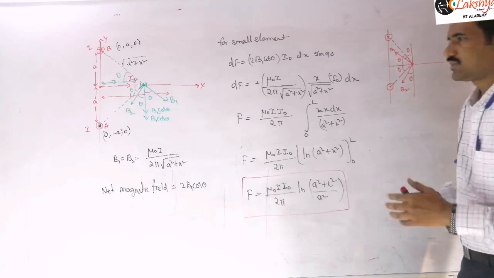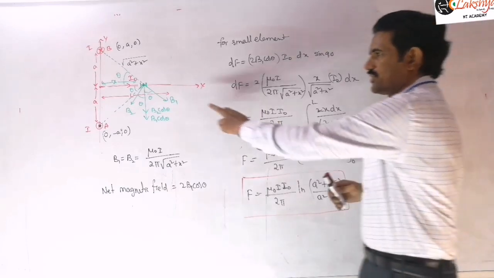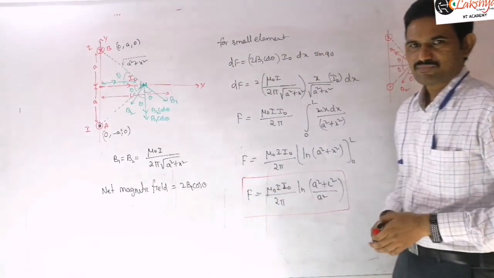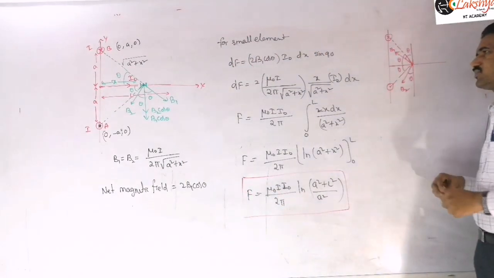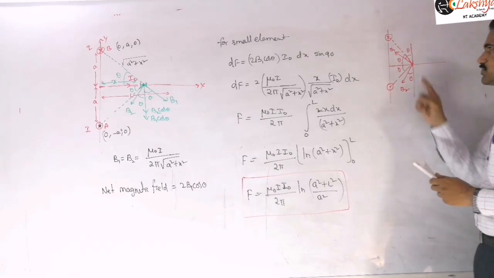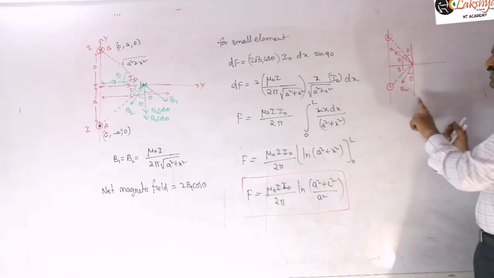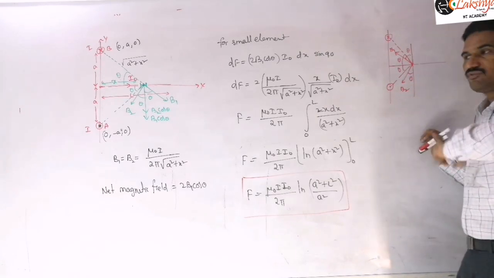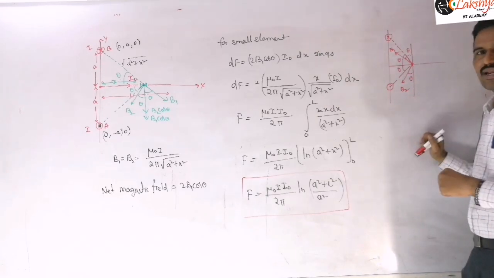That is the only thing here. When you are reversing the direction, then the B1 direction will also be reversed there. So if you reverse that, then what you can observe here is that B1 and B2 are making an angle of theta with this vertical, with the y-axis. So that component will be cancelled.